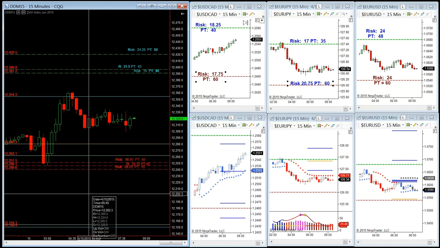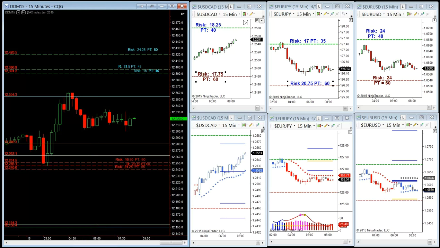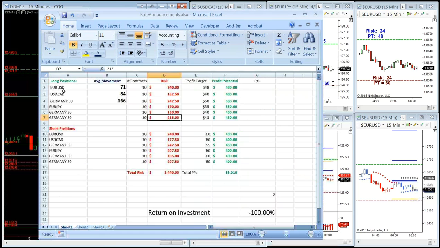All right. Now, my total risk on all of these trades, which is 1, 2, 3, 4, 5, 6, 7, 8, 9, 10, 11, 12, trading 10 contracts is $2,500 on all these trades. The DAX margin itself is 2,500 minimum.